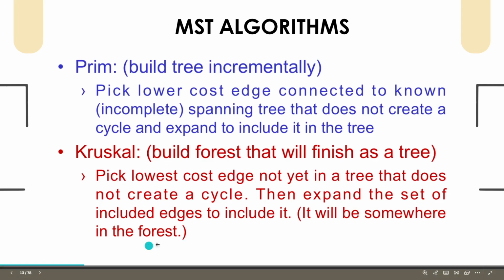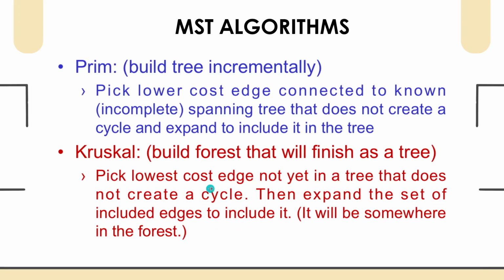So, by the time we start Kruskal's algorithm, we will be starting with a forest, in such a way that whatever vertices the graph contains, each of those vertices is independently treated as a tree, and we start with the forest and end up with the tree with Kruskal's approach.